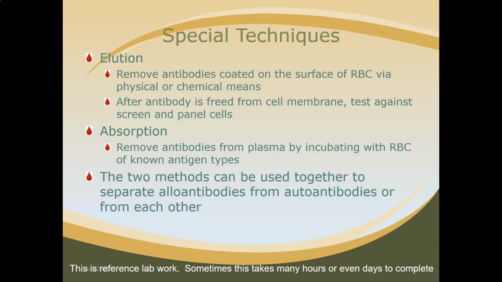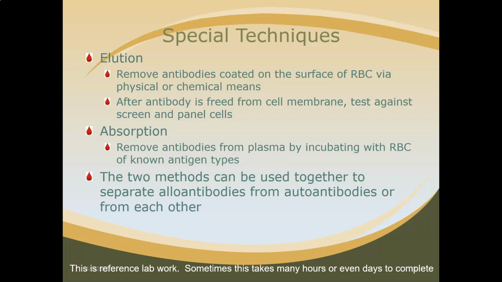Adsorption is where we're going to take red cells that we know the antigen type and we're going to incubate them with our patient plasma to pull out some antibodies from the plasma so we can see what else might be in there with it. The easiest example for me to give is for absorption.